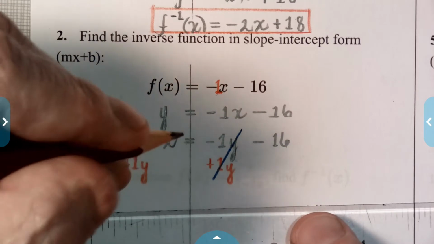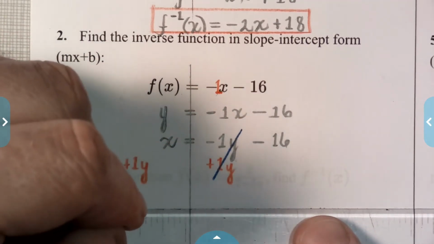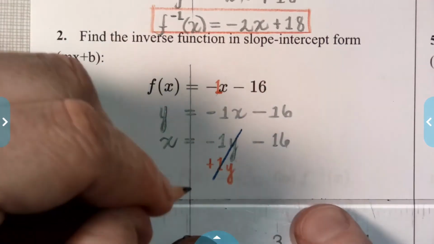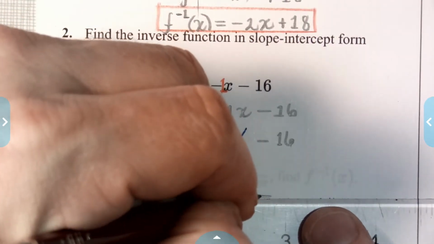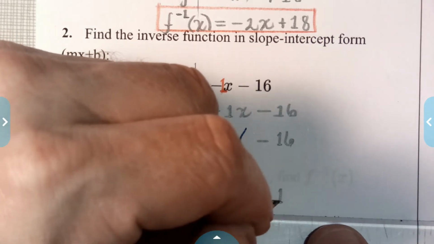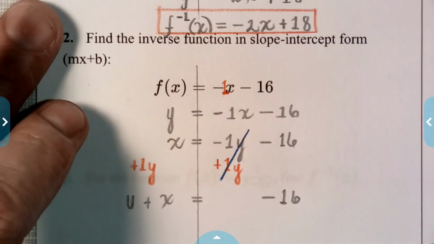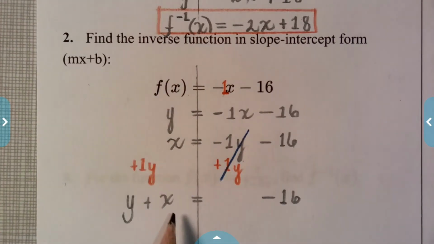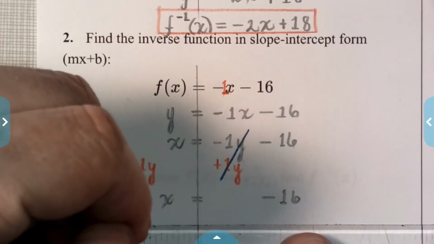So now when I write this, I'm going to just write y plus x equals negative 16. And I've intentionally left some space here, okay? Because now I'm going to go ahead and reverse that plus x and subtract x from both sides.